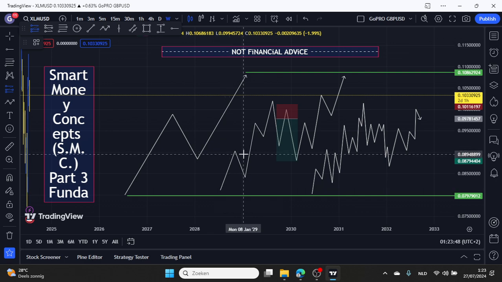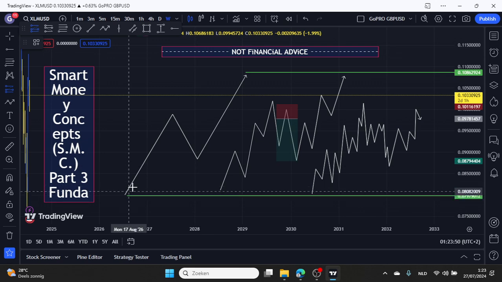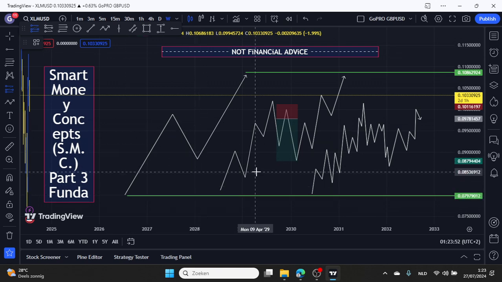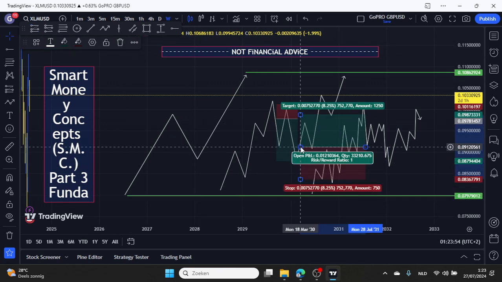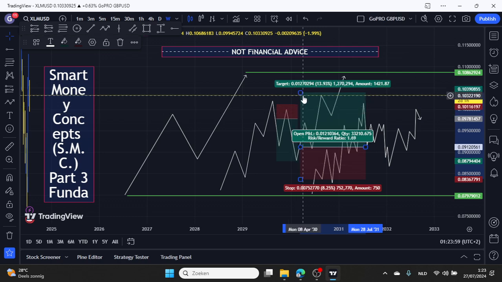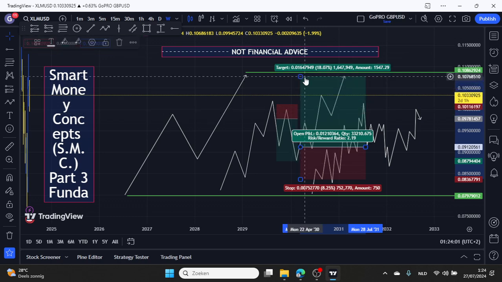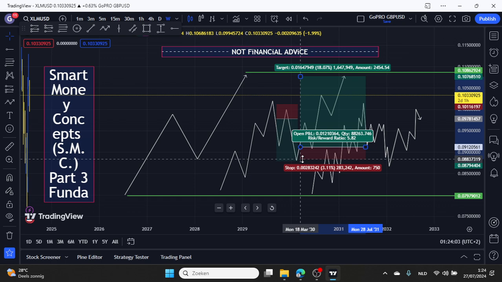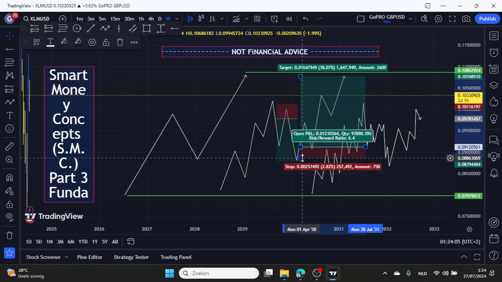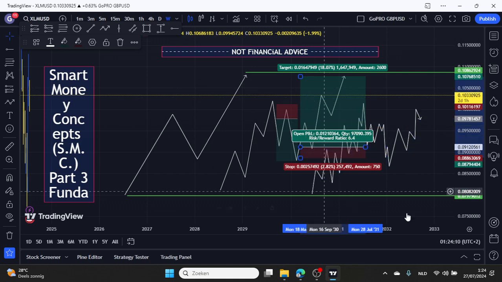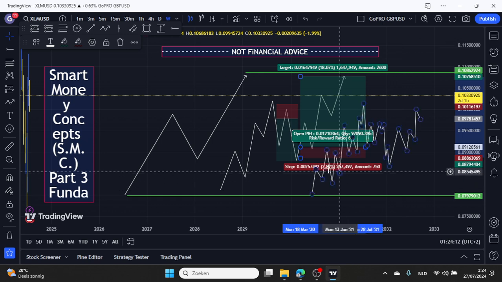Here we see a break of structure and we know we are in a bullish trend. So here we could go look for an even better setup that came in part two. We've seen this. And look, here we can get a 1 to 6 risk reward ratio.